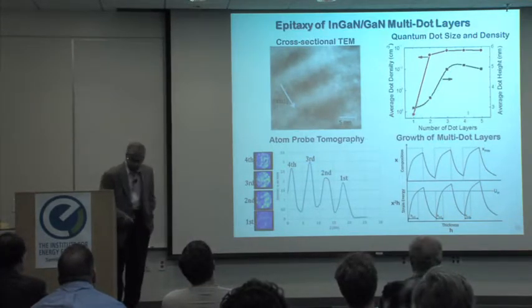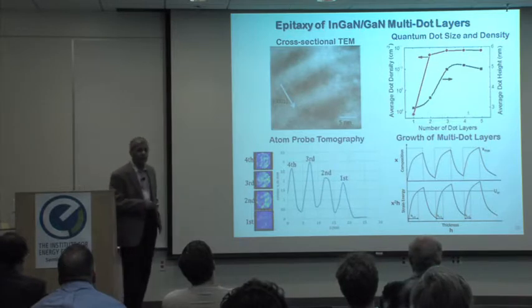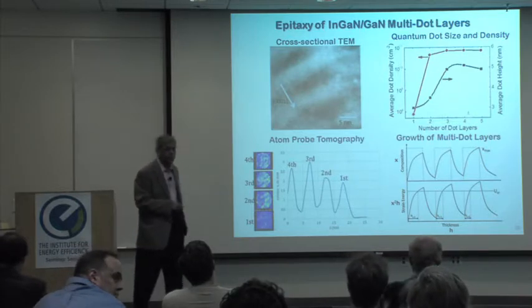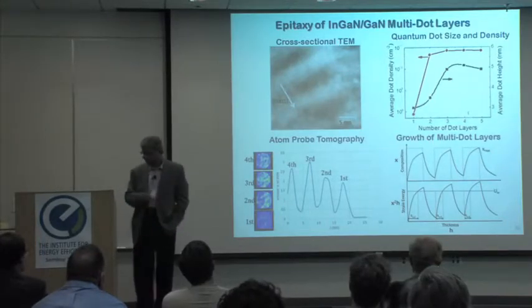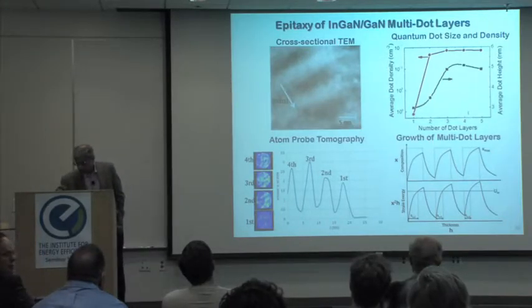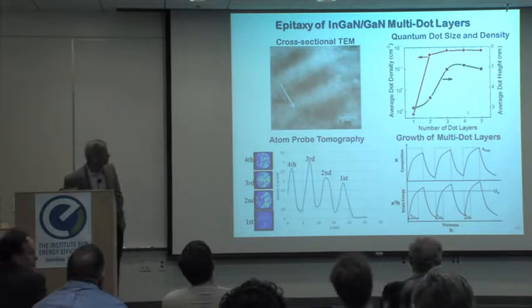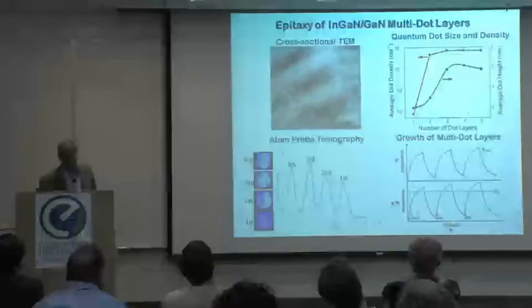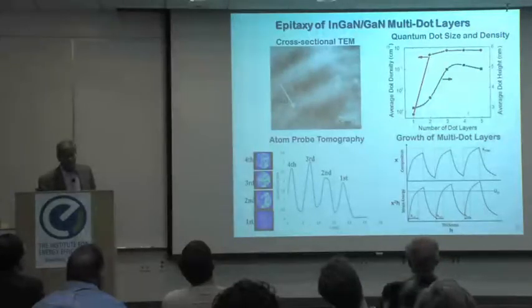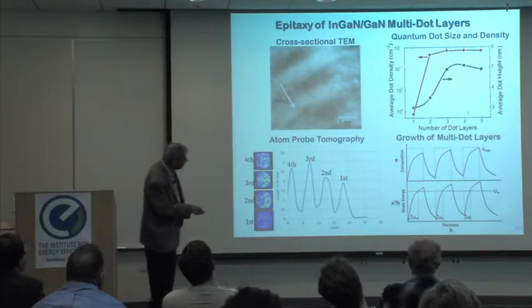When you say the composition as a function of thickness is changing, if you go back to your last slide, where is it changing? No, the composition is not changing. What I'm doing is, you see this time.